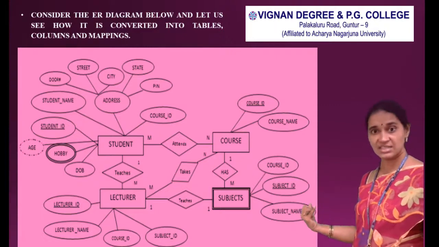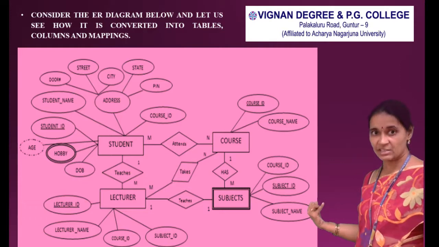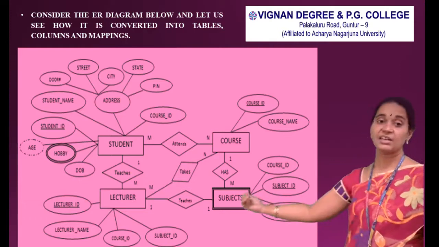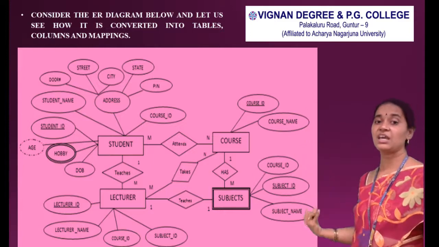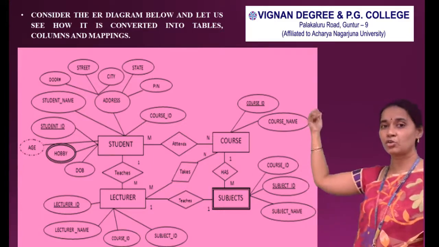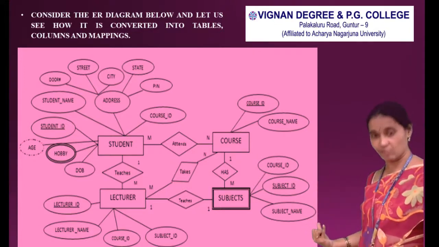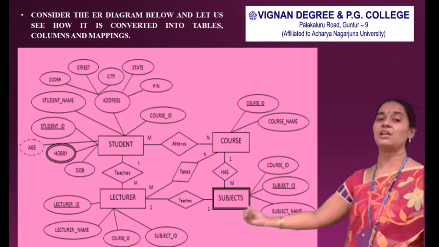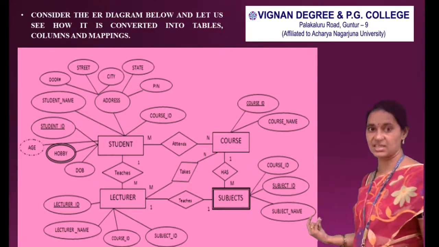A subject is considered a weak entity because it is always based on either the lecturer entity or the course entity. The subject entity is always dependent on the course entity because based on the course only the subjects will come for the student. And always the subjects are handled by the lecturer. That is why here I have considered the subject as a weak entity.